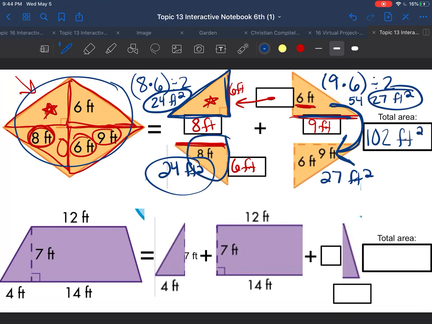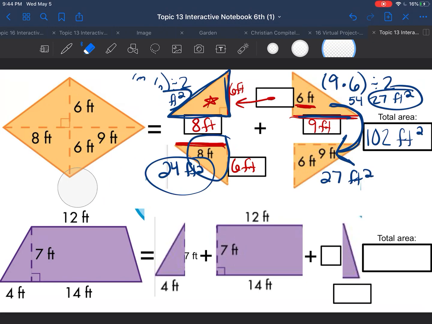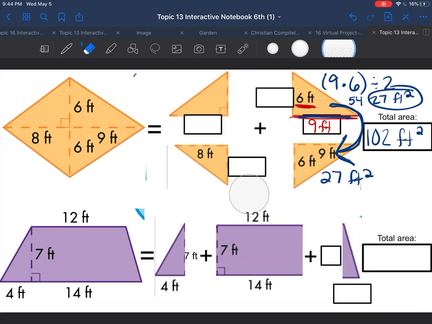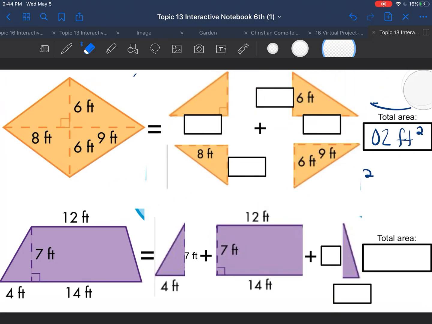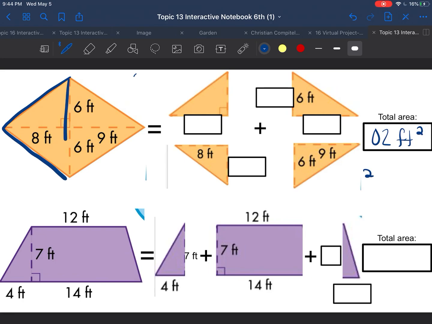Now you might have noticed something, in that we didn't necessarily have to break it up into 4 triangles. If you can see it, you can break it up into only 2 triangles. This whole entire thing would be a base, and the height would be 8. And the base of this, 6 plus 6, would be 12.